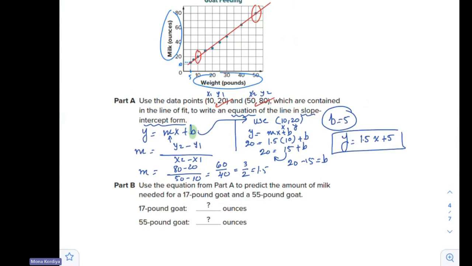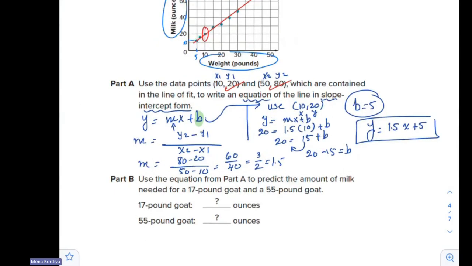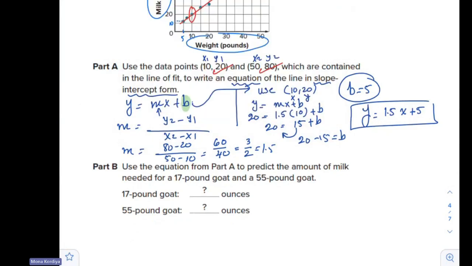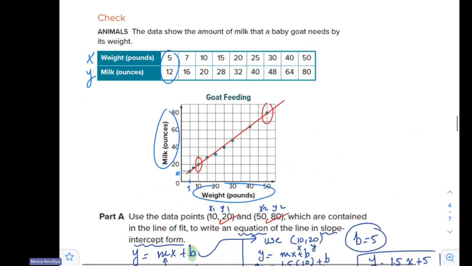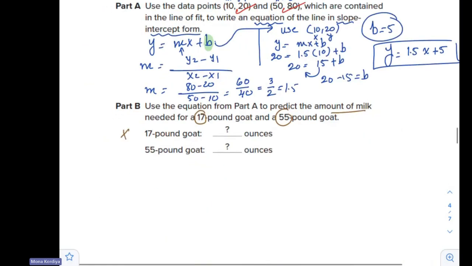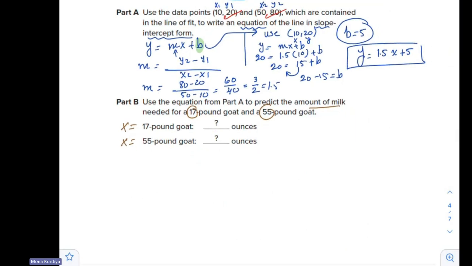Now, why are we using line of fit or best line? So that we can predict the values that are required. So we are going to use the equation of part A to predict the amount of milk needed for a 17 and 55 pounds goat. The pounds of goats is X. So the first time here, X is 17, here X is 55. What shall we do? We are going to replace in this equation.